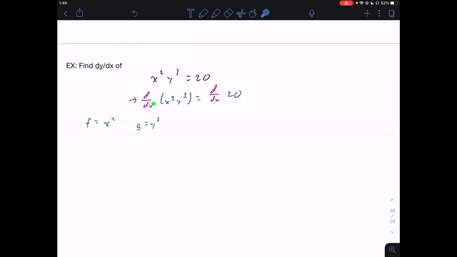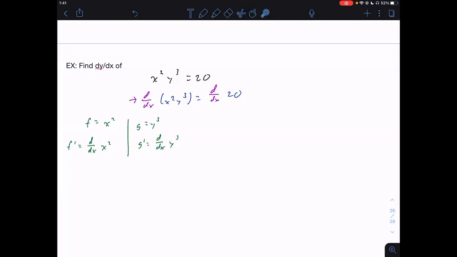Since we deal with implicit derivatives, if we want to find f prime, that's going to be equivalent to the derivative with respect to x of x squared. And if we want to find g prime, that's going to equal the derivative with respect to x of y cubed. For these two derivatives, we also have to include this differential of d over dx in order to find f prime and g prime.